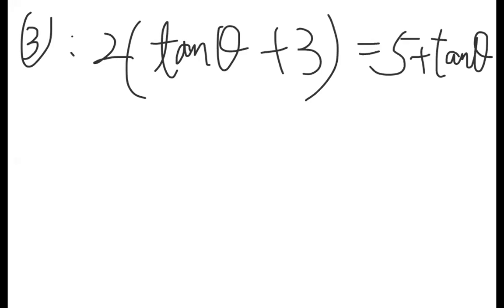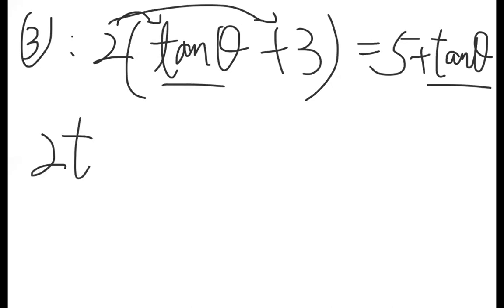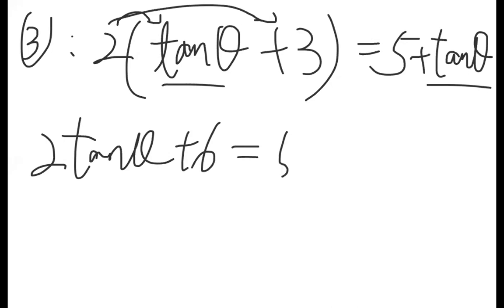Okay. So basically you want to isolate the tangent theta on one side of the equation, right? So let's simplify this. Right? Distribute the 2 into the parentheses. You have 2 times tangent theta plus 6 equals 5 plus tangent theta.